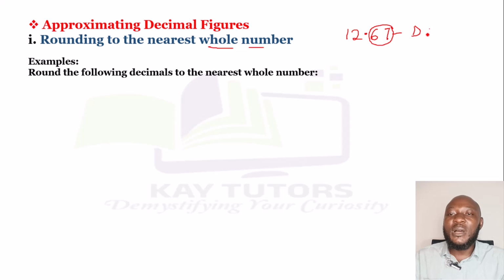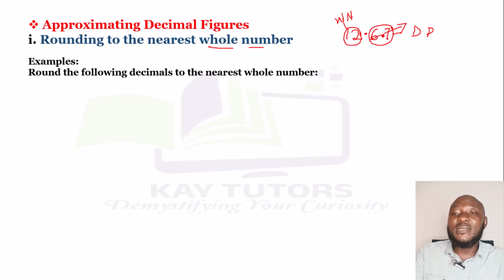This is the decimal part, and the whole number part. This is the whole number part. So we've been asked to round up to the nearest whole number. We are rounding off to the nearest whole number. So it means we are throwing this 67 away, not 67. 12.67.